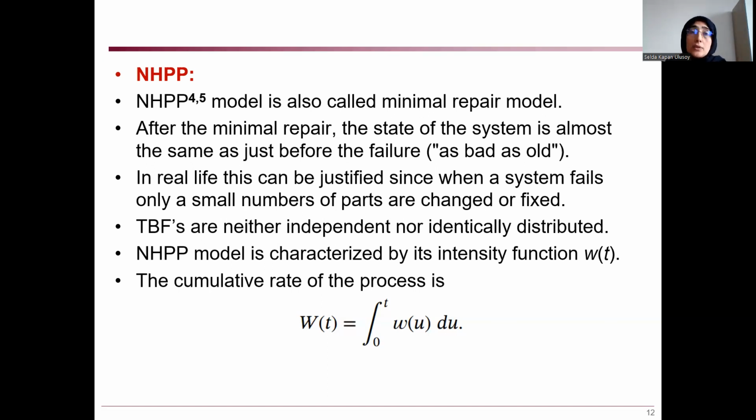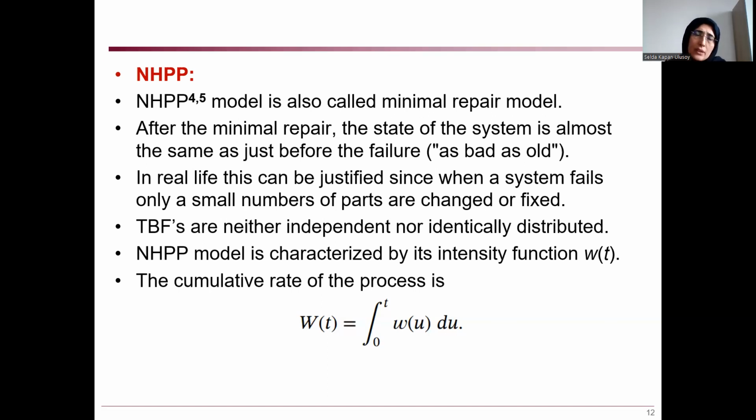In an NHPP model, times between failures, TBFs, are neither independent nor identically distributed because they have a trend. An NHPP model is characterized by its intensity function, which is denoted by little w(t), and its measure is failures per unit time.